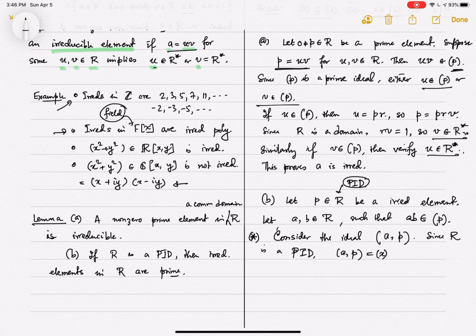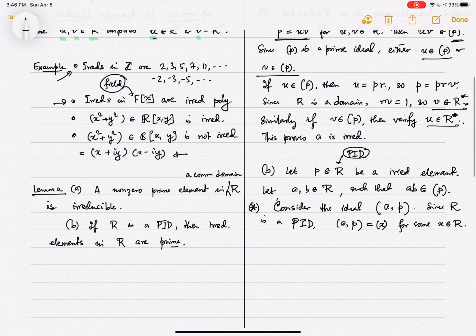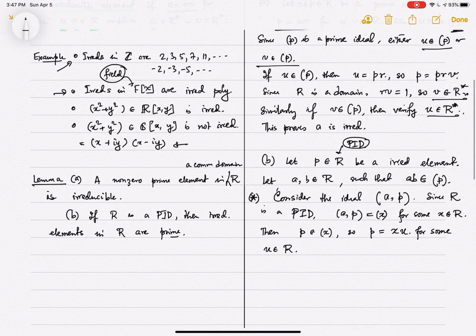So it can be written as all multiples of some element x in the ring. Then P is in this ideal, so P is in the ideal generated by x. So P is a multiple of x. Let's write it x times u for some u in R.